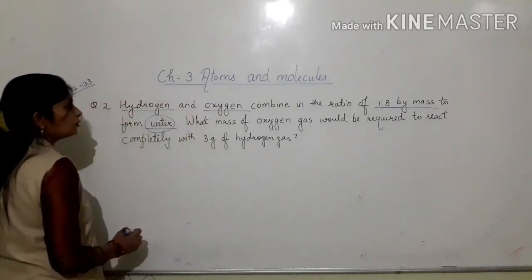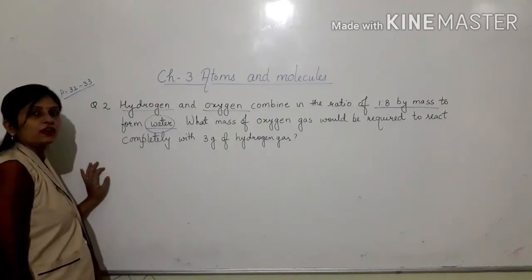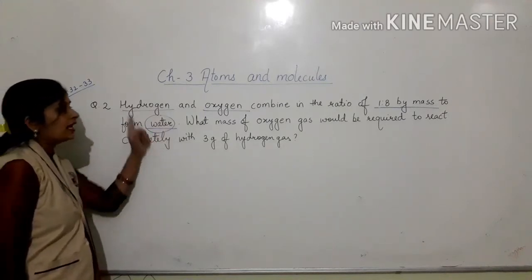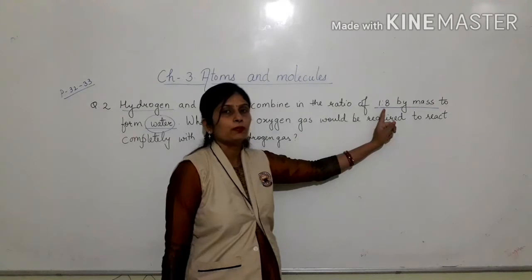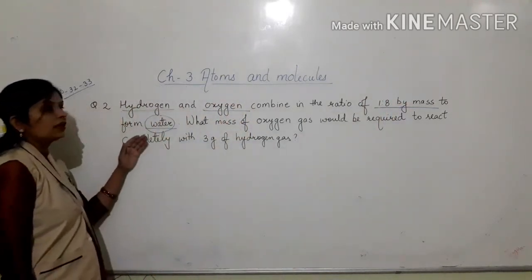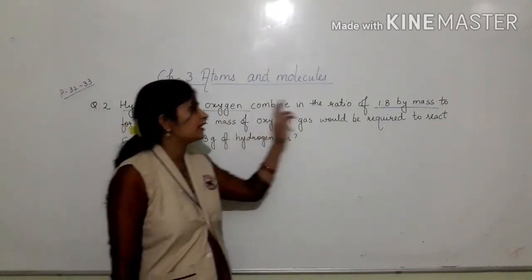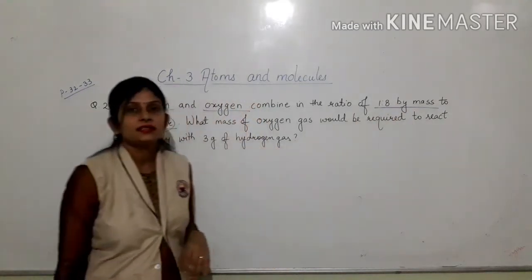Okay, so according to the law of constant or definite proportion, in a chemical substance, elements are always present in definite or constant proportion by mass. So as in water, hydrogen and oxygen elements are always present in definite proportion 1:8 by mass.